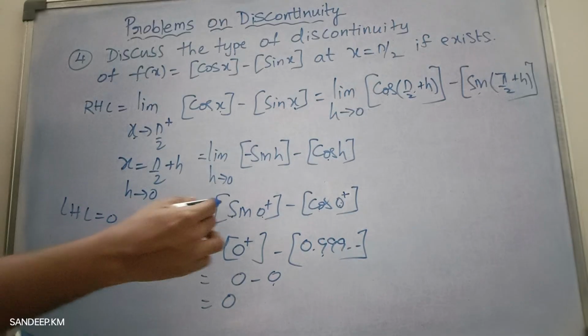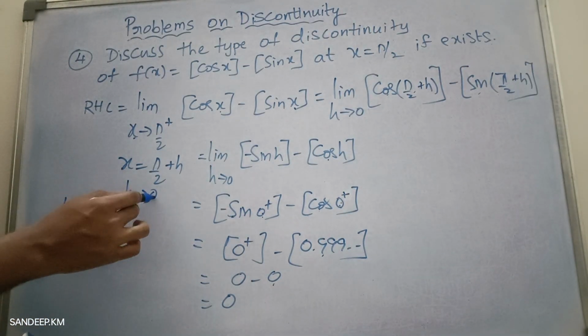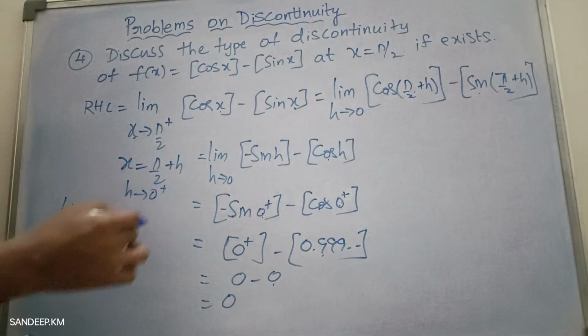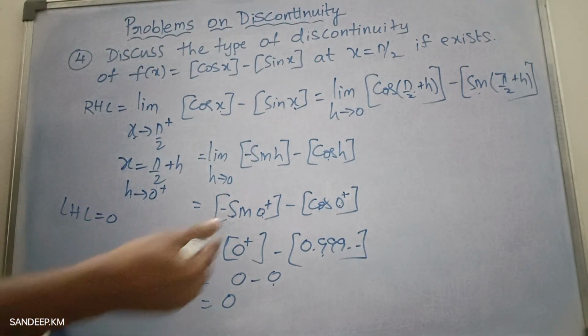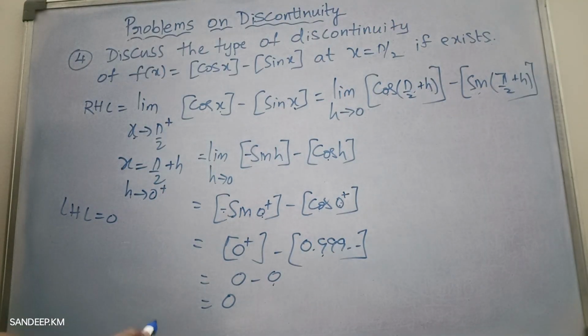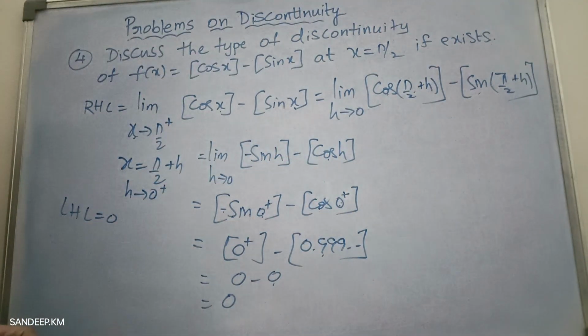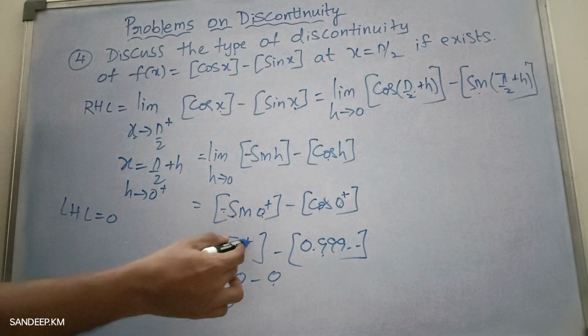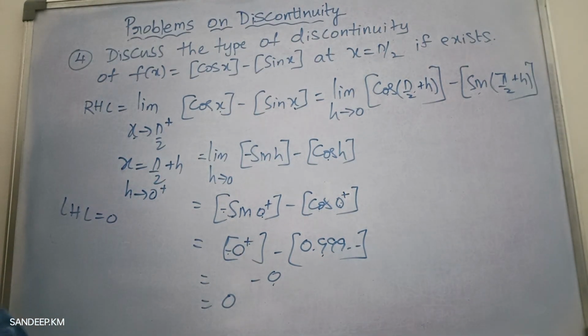Next, dear students, this is minus sin of 0 plus, of course h is approaching 0, which is 0 plus only. When h is approaching 0, it is taking positive value only. Minus sin of 0 plus, and then this is cos of 0 plus. There is no change here. Here minus 0 plus, please observe one thing. Minus 0 plus, what is it?